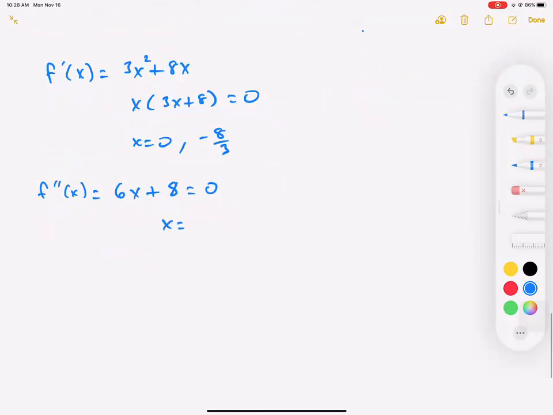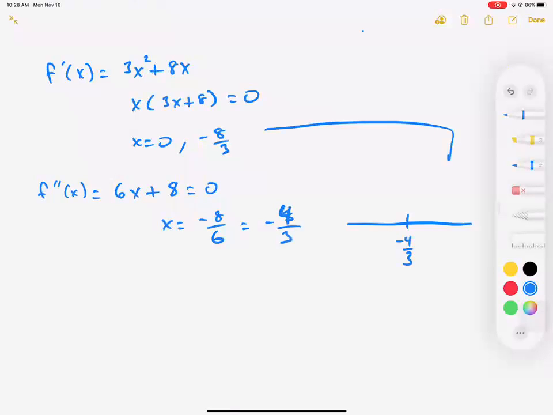So x is equal to negative 8 over 6, which reduces to negative 4 over 3, sorry. So let's draw negative 4 over 3. And I want us to place our two critical points here. So 0 would be over here, and negative 8 over 3 would be there.